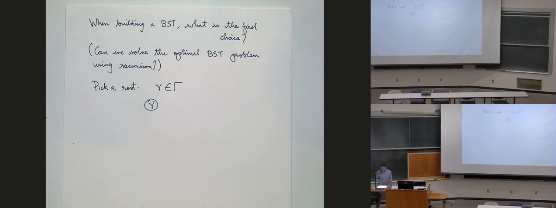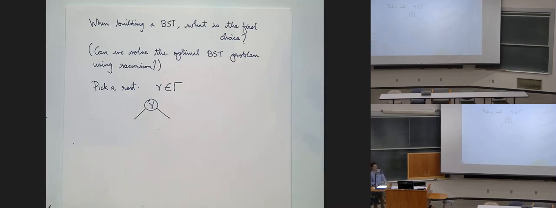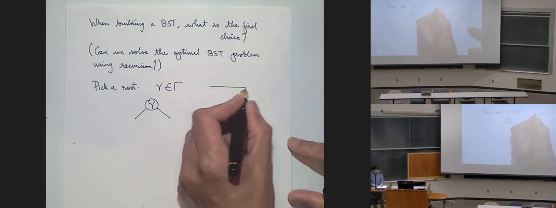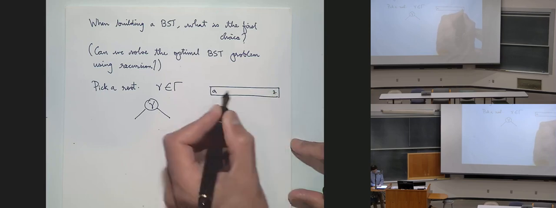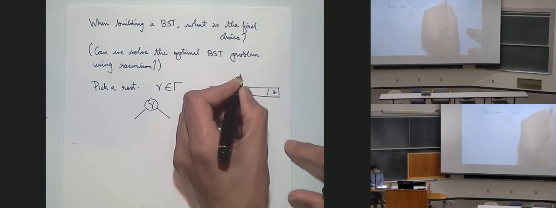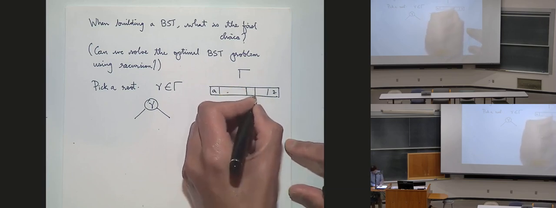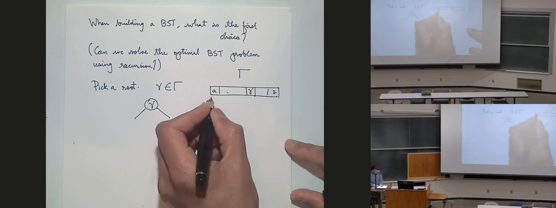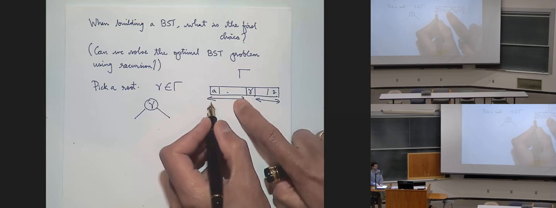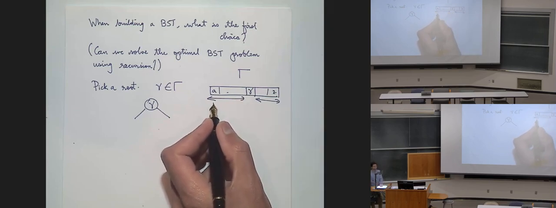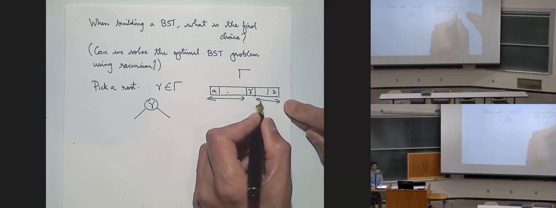Because what happens is you've broken this down. So if I'm just thinking of A to Z as your universe, and you've chosen some character gamma here, now the left side only deals with the left portion, and the right side only deals with the right portion, right?